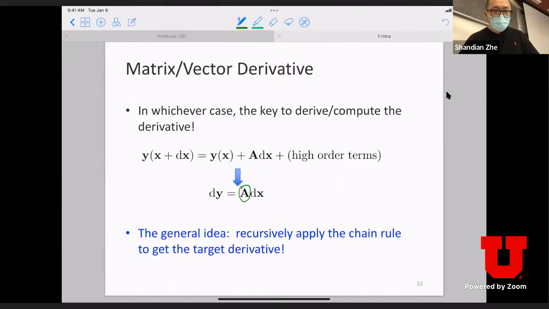If you can manipulate your functions and terms and finally get a form like dy equals some matrix times dx, you get the derivative, and then you get your gradient. So the derivation of a matrix or vector gradient is essentially a way to arrive at this form. And to arrive at this form, you need to recursively apply the chain rule to get the target derivative.